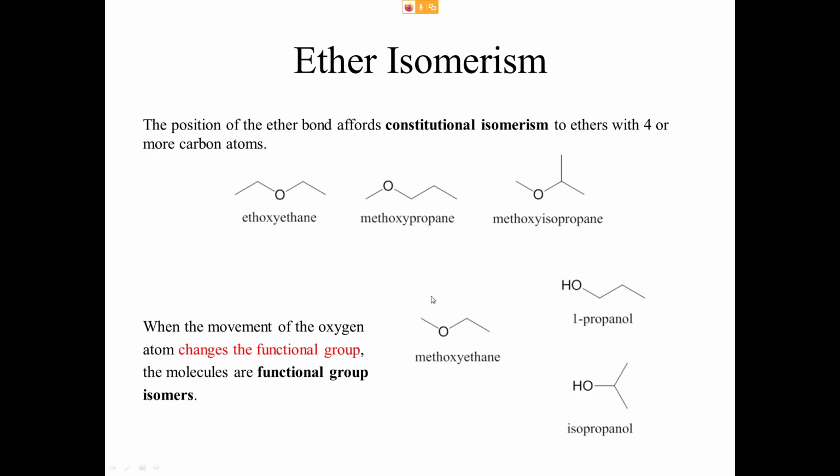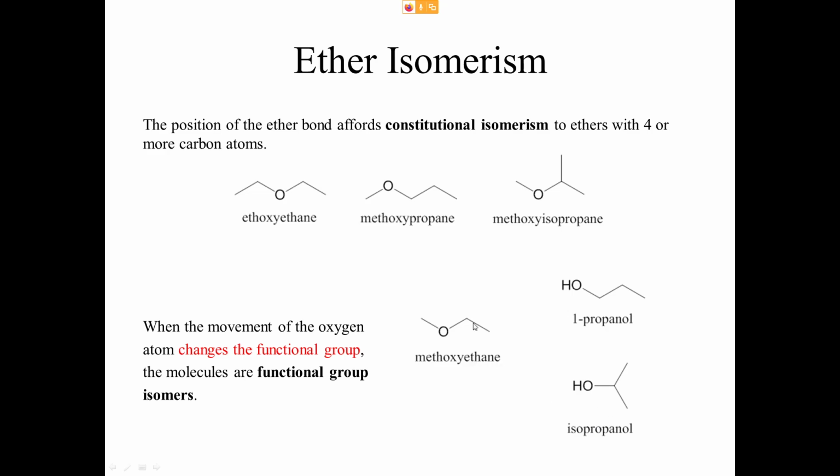So here an ether, methoxyethane, is a functional group isomer of 1-propanol because they have the same formula. They both have 3 carbons, they both have 1 oxygen, and they both have the same number of hydrogens. I'm not counting them because I know they both don't have rings, double bonds, or triple bonds. They have the same number of sites of unsaturation. I can also compare methoxyethane to 2-propanol down below. Those are also functional group isomers.